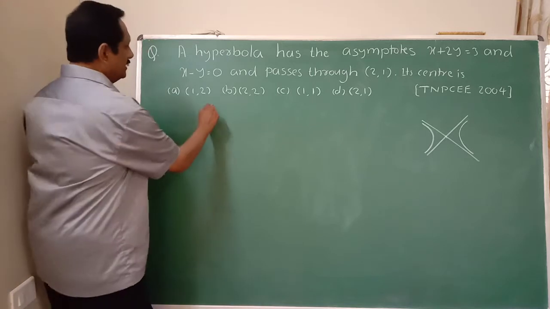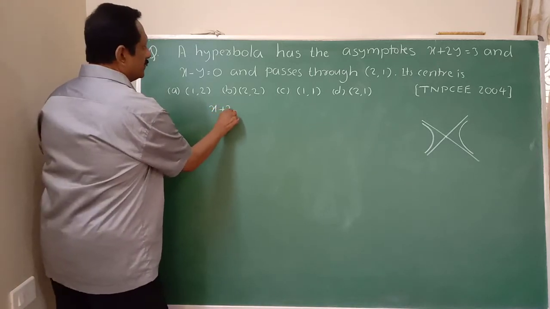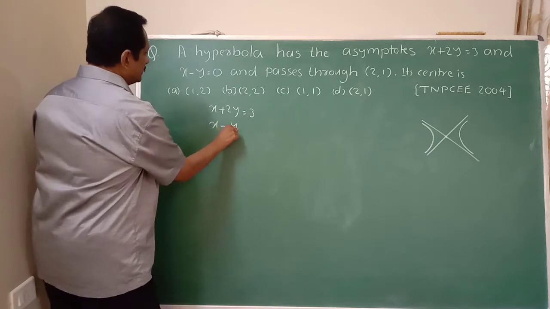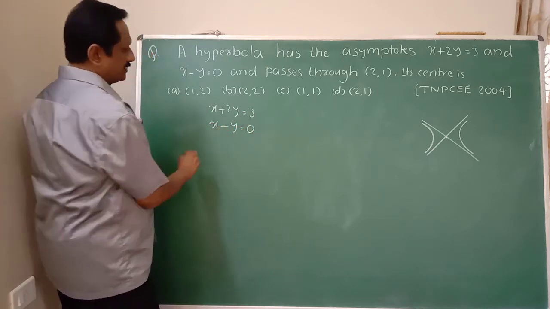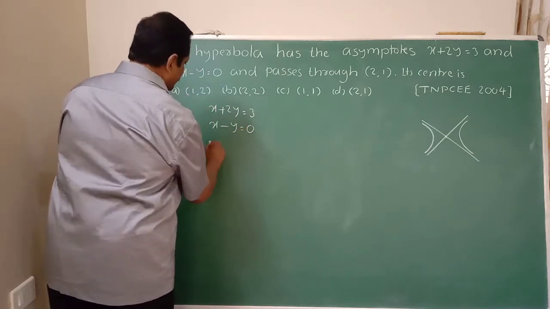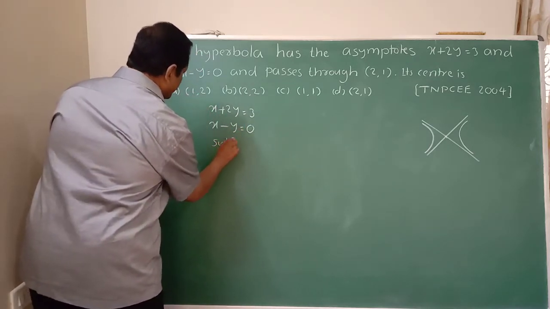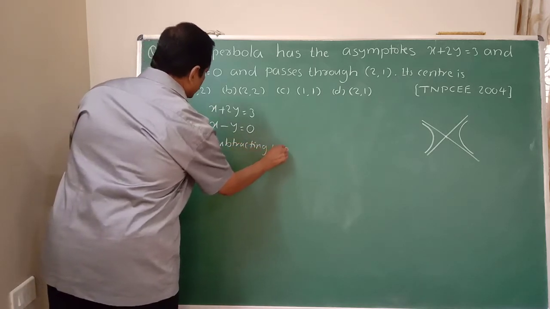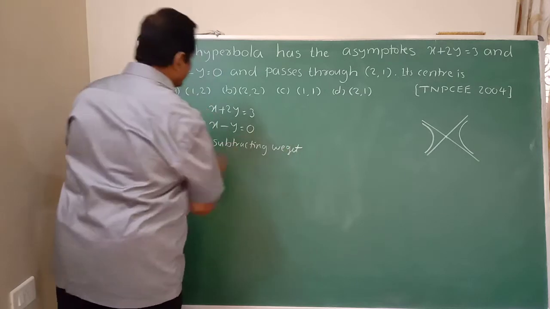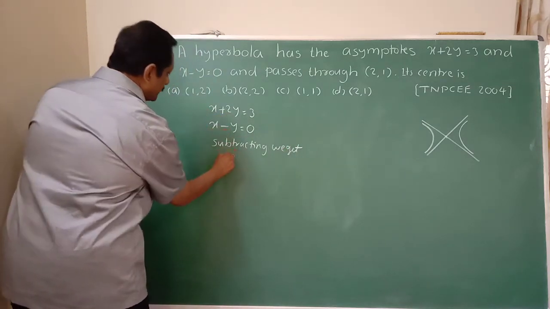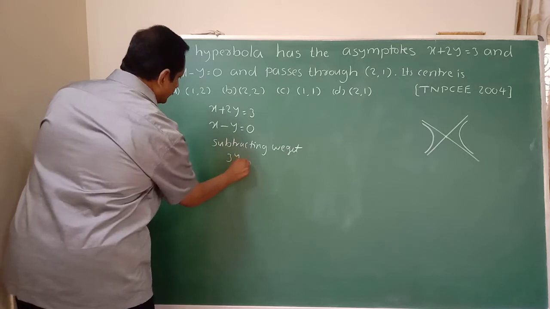Therefore, x plus 2y is equal to 3, x minus y is equal to 0. In this case, subtracting, x cancels, 2y plus y becomes 3y is equal to 3.